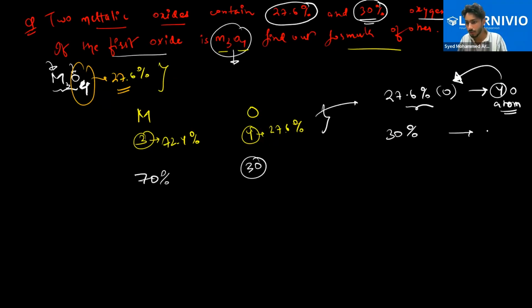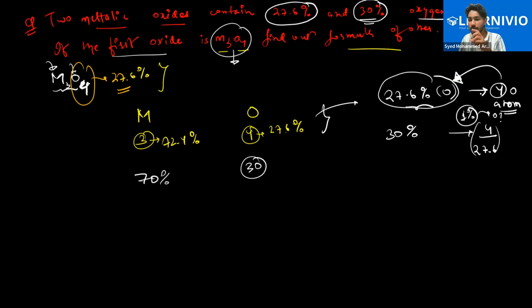So how am I going to solve this? Just 4 divided by 27.6. This will give me, for 1% of oxygen, the number of atoms. How many atoms of oxygen are there? I'm saying that in 4 oxygen atoms, I'm having 27.6 percentage. But if I ask you in 1%, how many oxygen atoms are there?